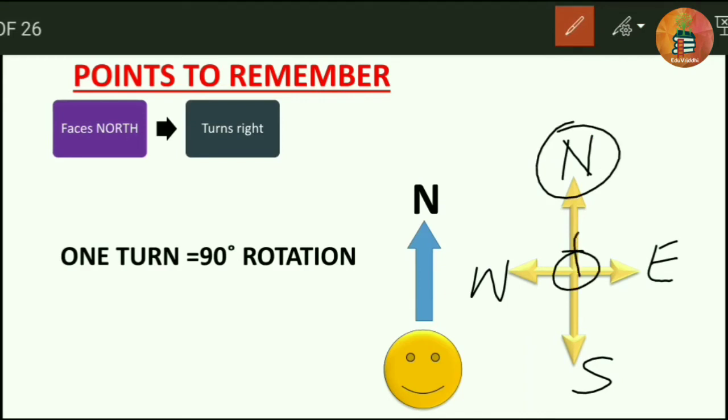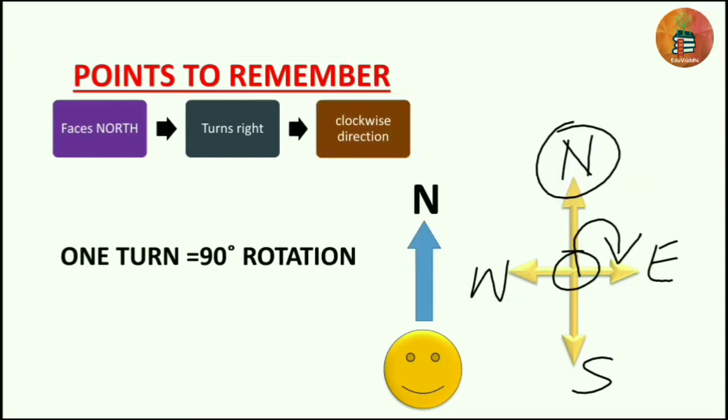Now he will rotate through 90 degrees in the clockwise direction. Turning right implies clockwise rotation through 90 degrees. So he will rotate in the clockwise direction, and finally, if you see, the face of the person will be towards the east direction. So that is our conclusion.